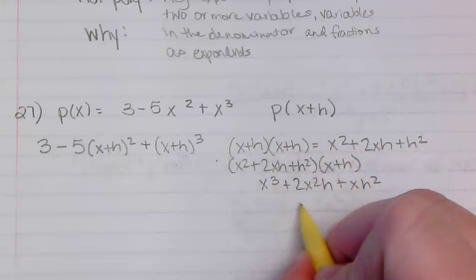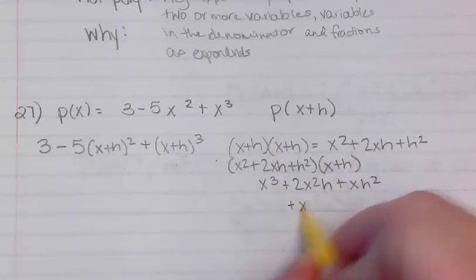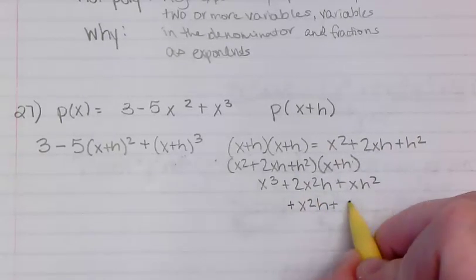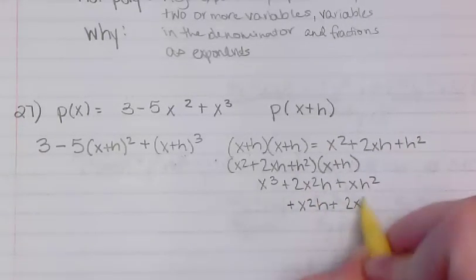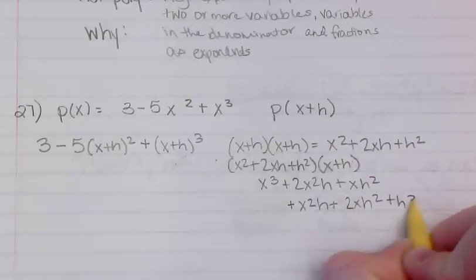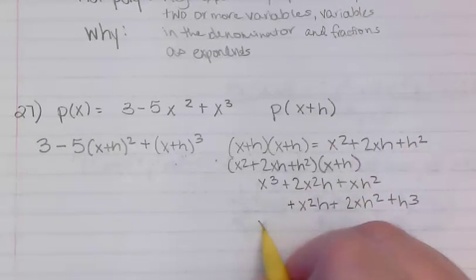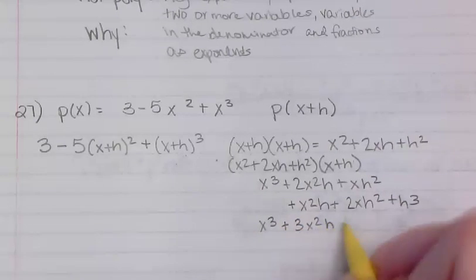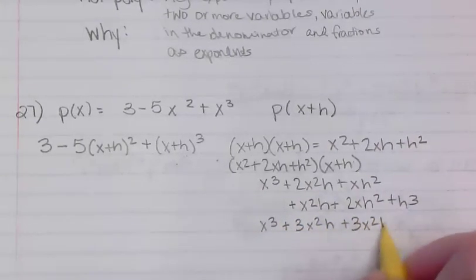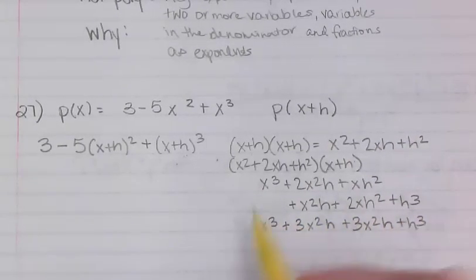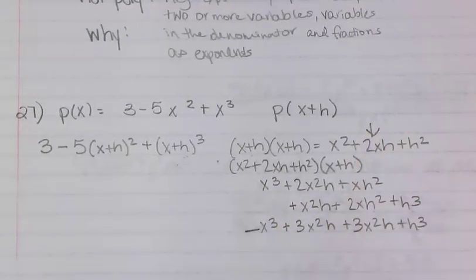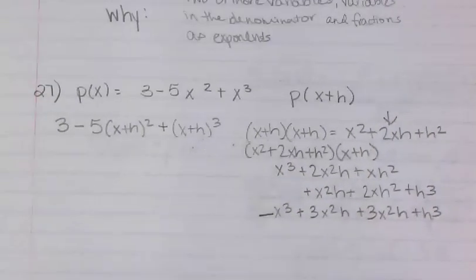Taking h all the way through, plus x squared h plus 2xh squared plus h cubed. And then I'd combine like terms, so I'd have x cubed plus 3x squared h plus 3xh squared plus h cubed. So this needs to get plugged into the end, and this part here needs to be plugged in with the negative 5. So that's going to look like this.